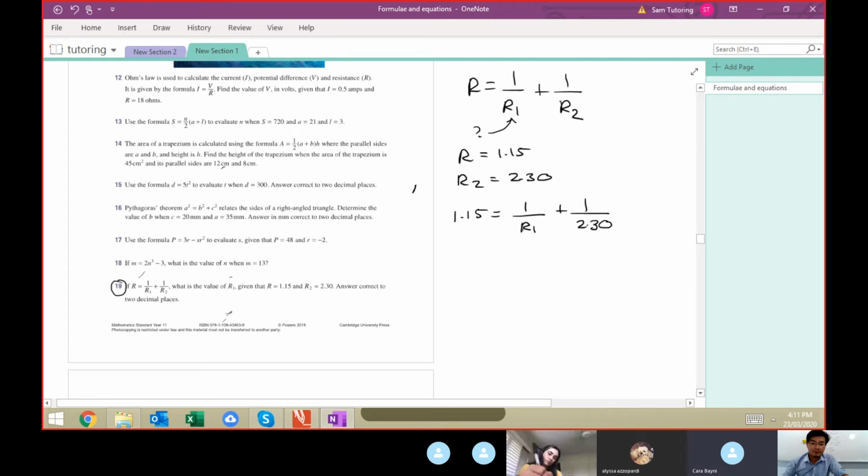How would you solve that? How would you get this R1 alone? Move the 1 over 2.3, so minus it. Yep, that's good. So we get 1.15 minus 1 on 2.3 is equal to 1 on R1. What do you do from there? Don't try to do this in your head. Punch it into the calculator. What does it give you?